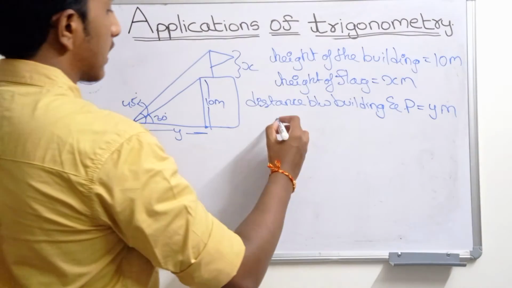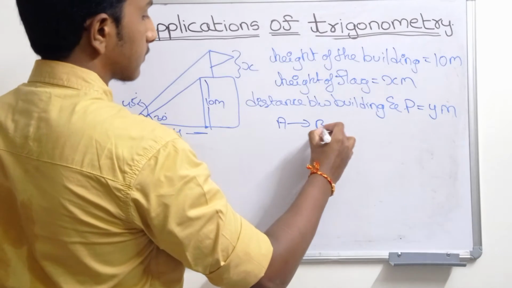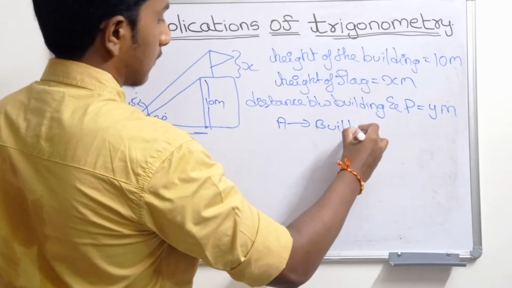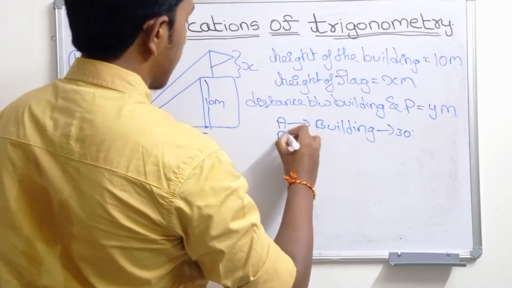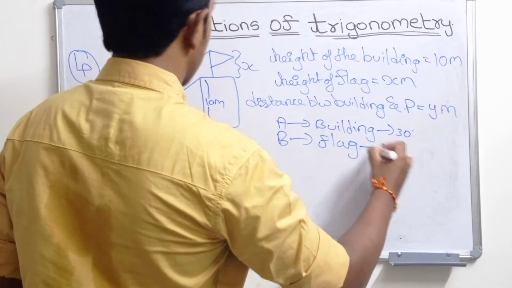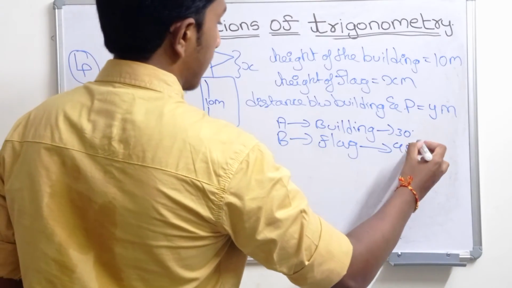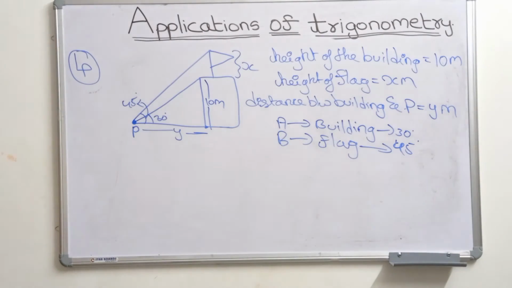We'll consider two angles, angle A to the building, which is 30 degrees, and angle B to the flag, which is 45 degrees.